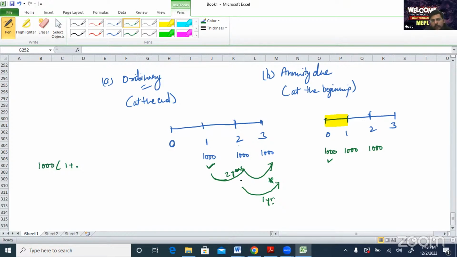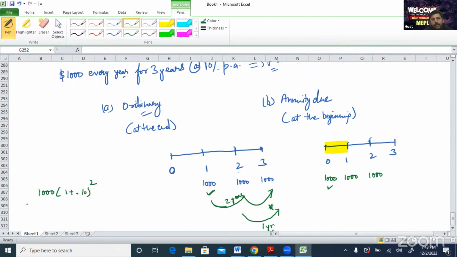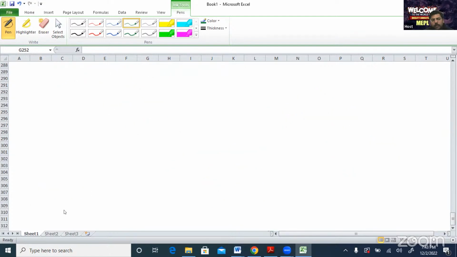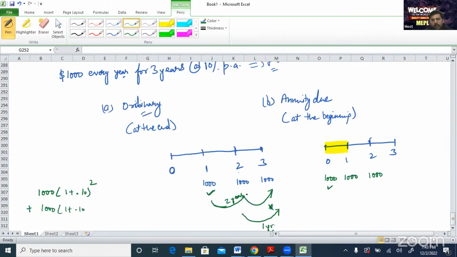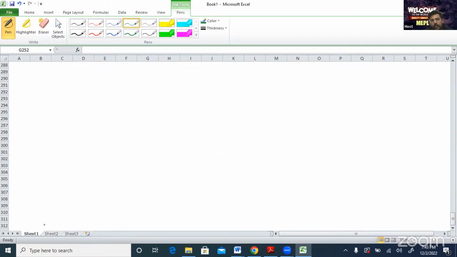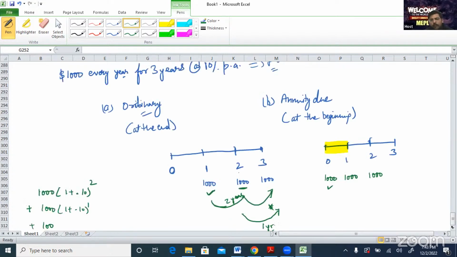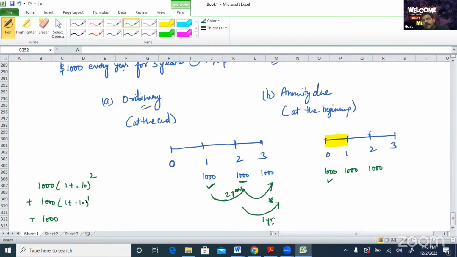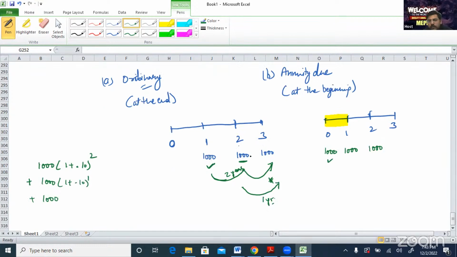So this cash flow will be compounded for 2 years, this cash flow will be compounded for 1 year, and this cash flow will not be compounded at all, or we can say there is compounding for 0 time period. Logically think, anything raised to the power 0 gives you 1, so it will be 1,000 as it is. So that will be the future value of this cash flow stream.